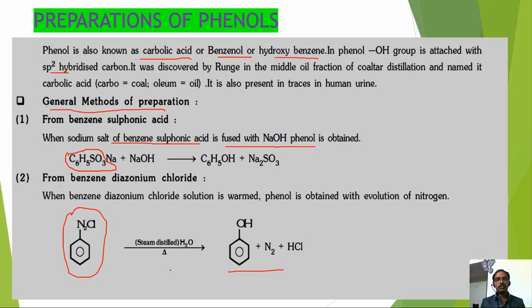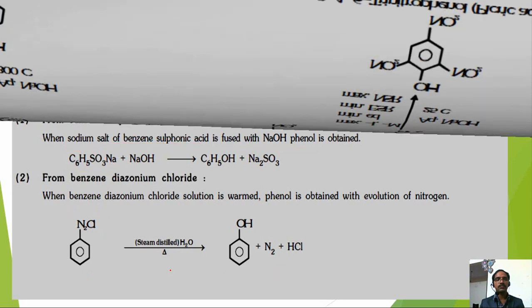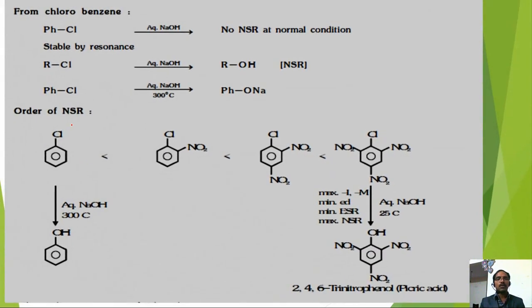In the last class, in aryl halides, we prepared chlorobenzene, bromobenzene and cyanobenzene from this benzene diazonium chloride, and many other compounds. From chlorobenzene, if you want phenol, you can remove this chlorine. But removing this chlorine is very difficult. Why?